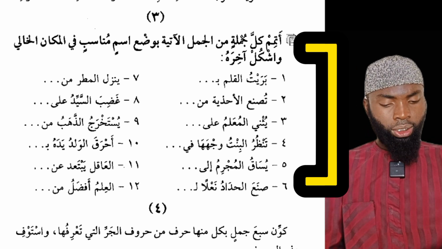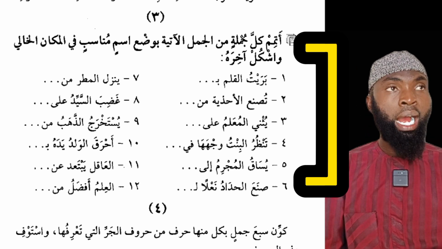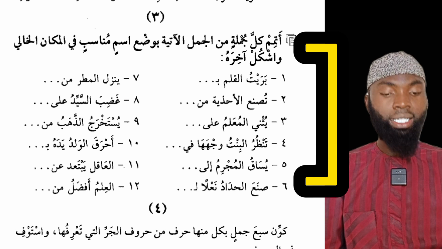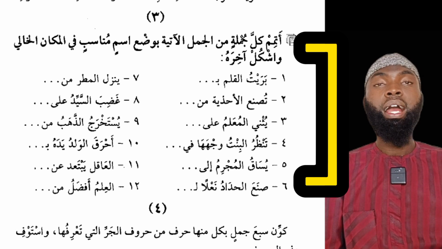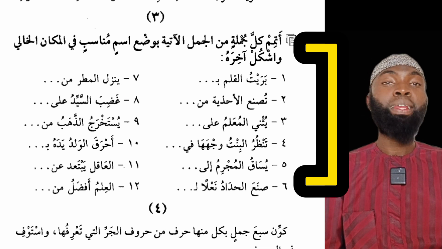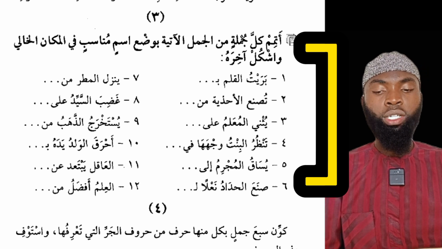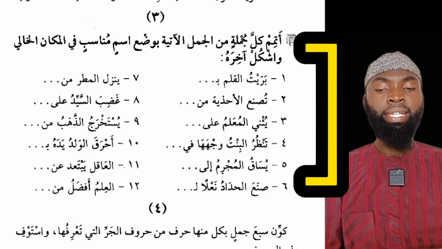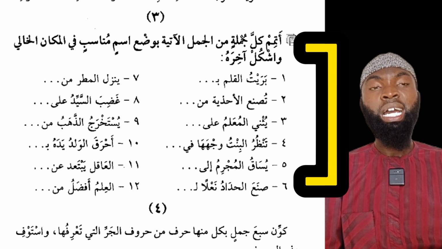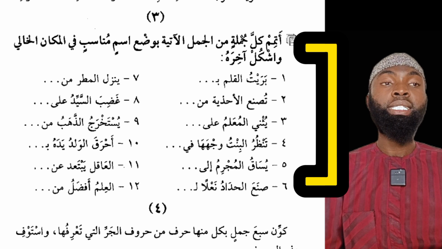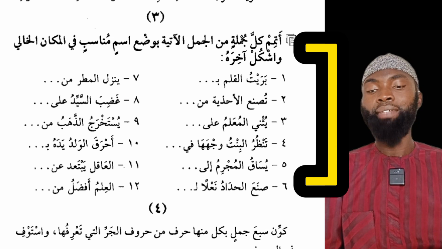Eight, we have tanzurul bintu wajhaha fi, the girl is looking at her face in al mir'at, in the mirror. Number nine, we have sana'al haddadu na'lan li, the ironsmith made a shoe for lil amili or lil jundiyi, for the soldier.